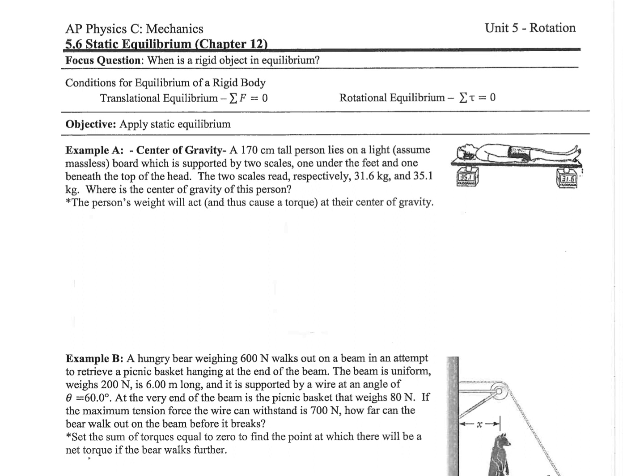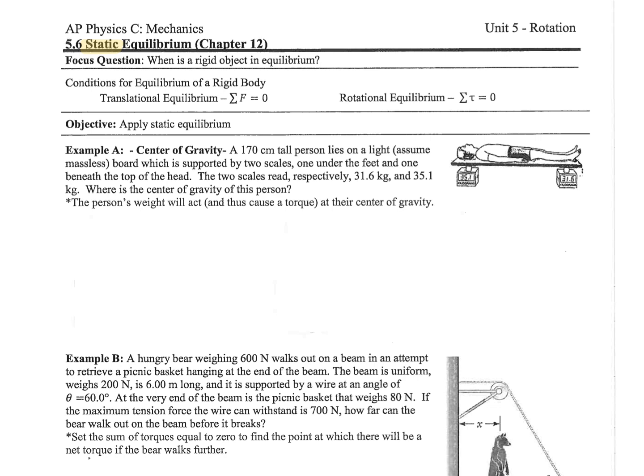Conditions for equilibrium. If you want static equilibrium, and that's what we're talking about, static meaning doesn't move. Now, we have to consider two different things. Up to this point, equilibrium meant zero net force, which means you were either at constant motion or at stop, right?